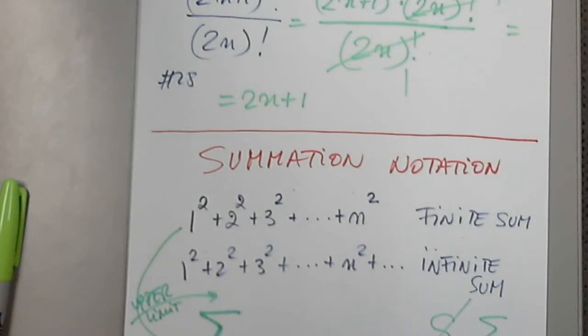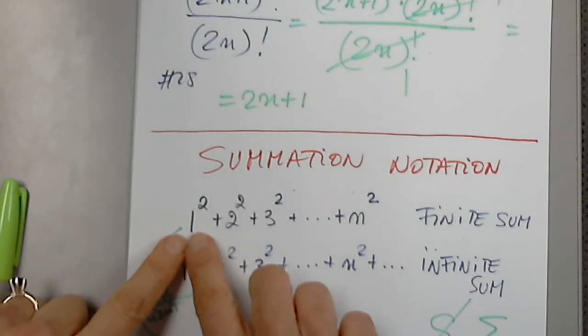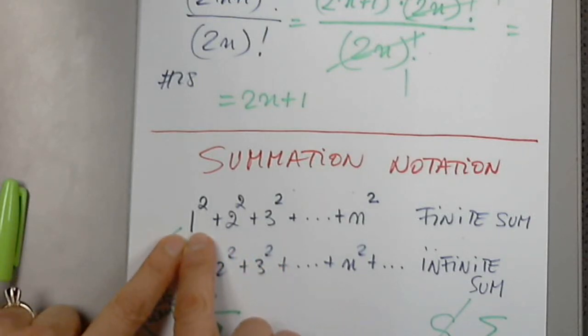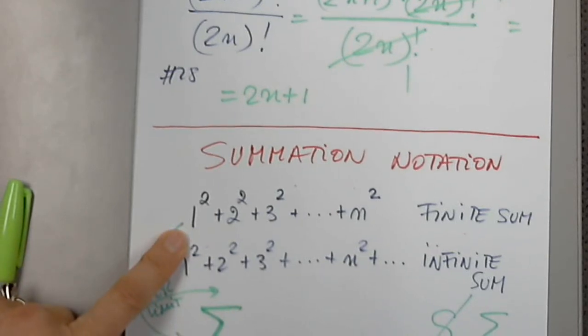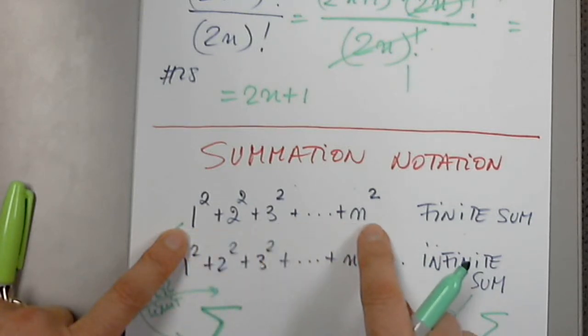Let's establish what is the lower limit. How low did we start with? 1. So I'm going to write, we normally write another letter. It can be I, it can be J, it can be K, whatever letter you want, but not N. So I'm going to use I, from I equals 1 till what is the largest value of I?